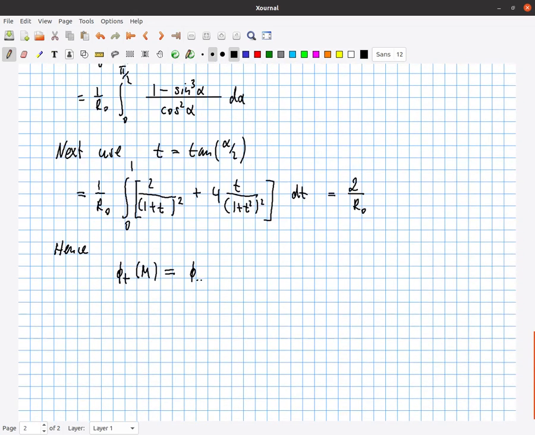We have phi plus of 0 plus d phi plus over dm evaluated at 0 times m plus higher order terms. We found that this first term here was pi over 2 plus 2 over r0 m.